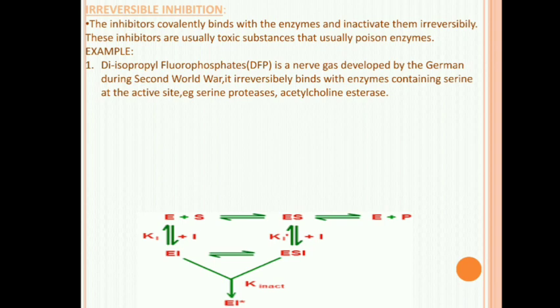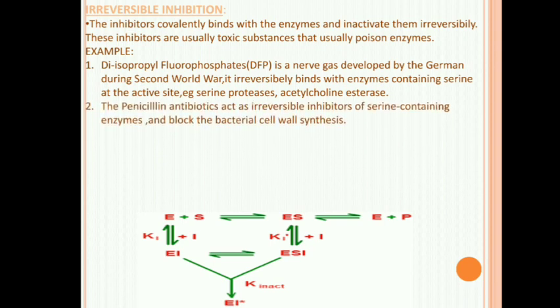Example, serine protease or acetylcholinesterase. The second most famous example is penicillin antibiotics, which act as irreversible inhibitors for serine-containing enzymes and block bacterial cell wall synthesis. I will tell you how it acts as a suicide inhibitor as well, but later in the slides.